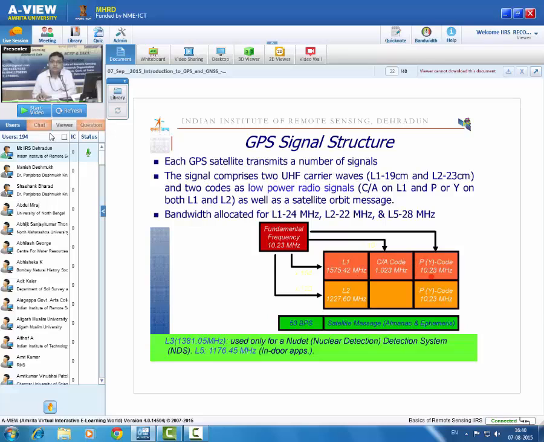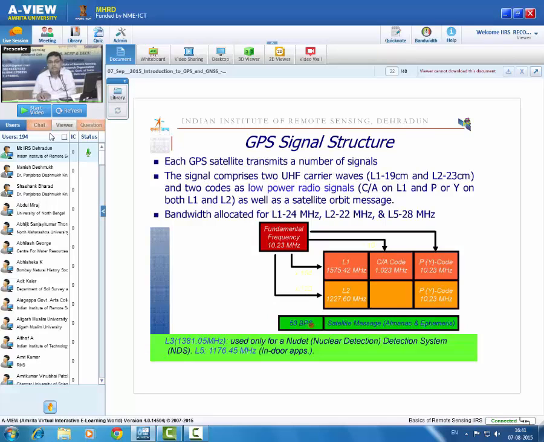Whereas the military code, the P code, the precise code, because there is another M code which is also known as military code, so nowadays we need to segregate the M code and the P code. In the initial GPS, only the P code used to be there, the M code was not there, but nowadays the M code is also there. The P code is on both the carrier waves.